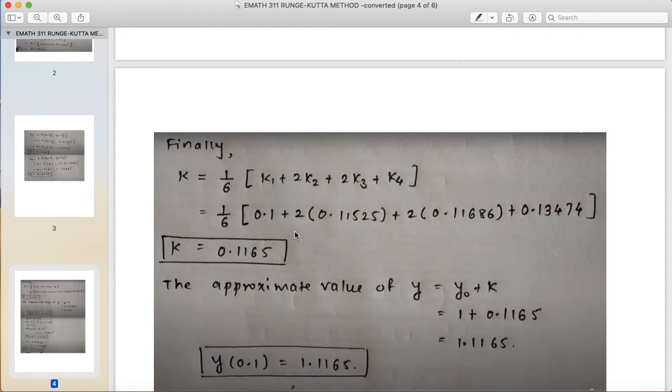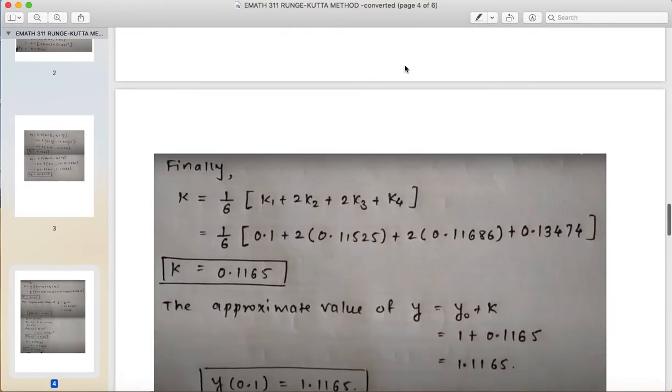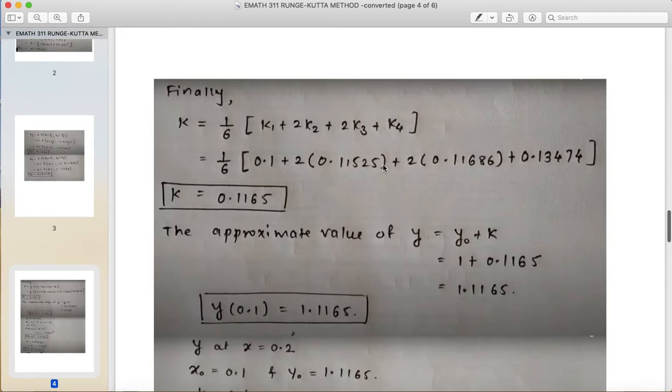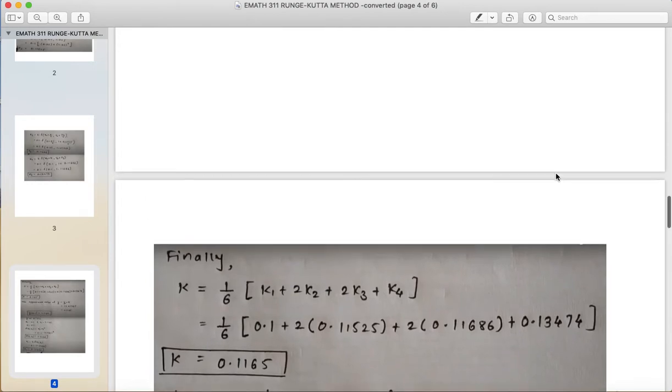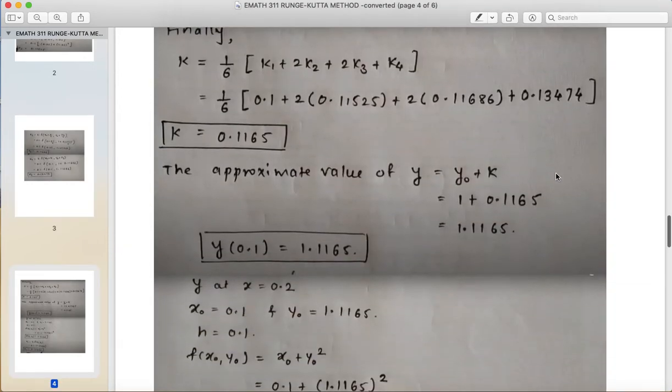So we have 1/6 times our k1, which is 0.1, plus 2 times our value of k2 that we solved earlier, plus 2 times k3, which is 0.11686, and the k4 that we have, 0.13474.